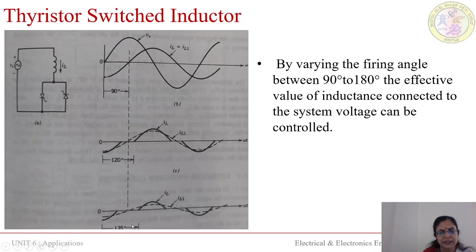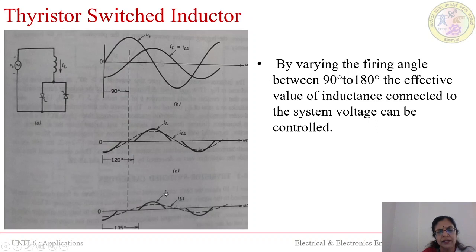That is, it is increased to 135 degrees. Obviously, the conduction angle is further reduced. So, conduction angle is reduced means effective inductance increases. Inductance increases means obviously the current will reduce. We know that XL is equal to 2 pi FL.